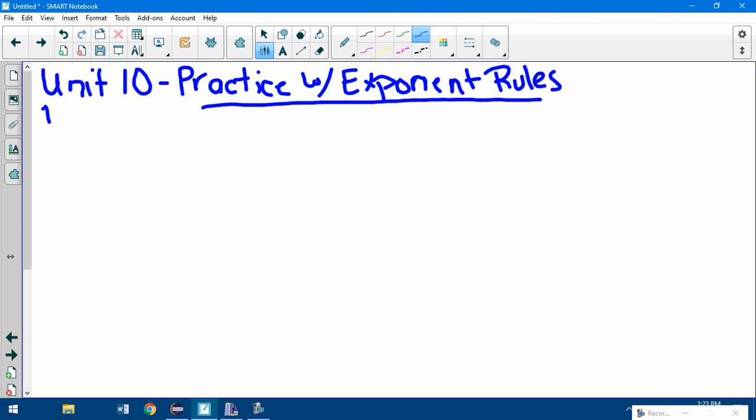I guess this is technically the lesson. Unit 10, Day 1 is practice with exponent rules. Unit 10 is exponents and radicals. All right, so for the next couple days, you're going to see these types of directions.